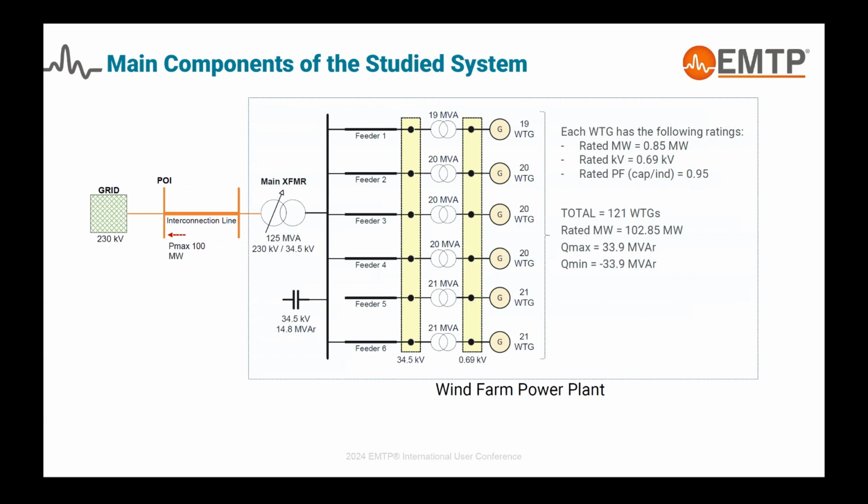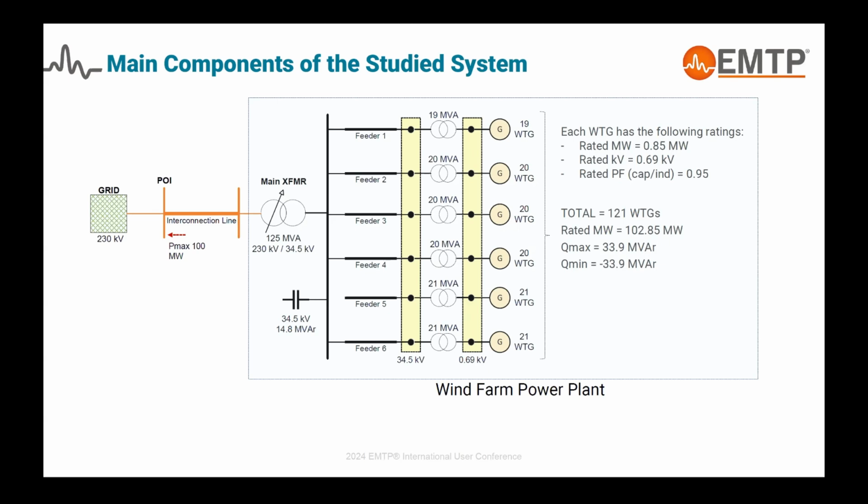To give you an idea about this power plant, the system that we developed in this project contains 121 wind turbines, with a total rating of 102.85 megawatts. The reactive power capability, Qmax and Qmin, is around 34 megavar.